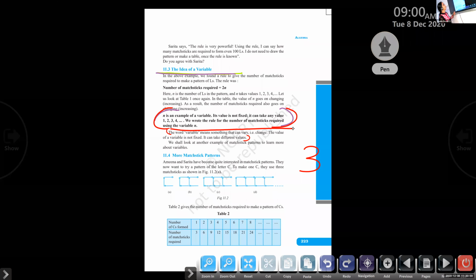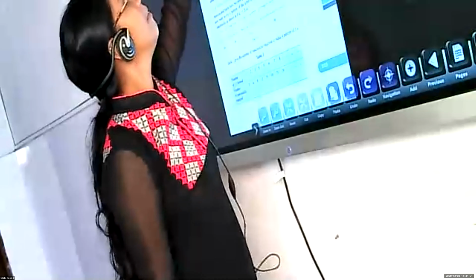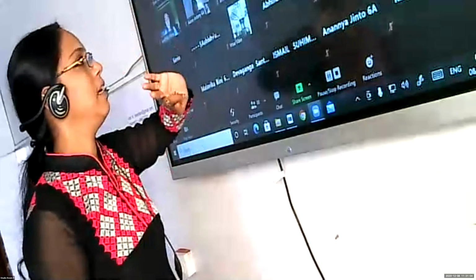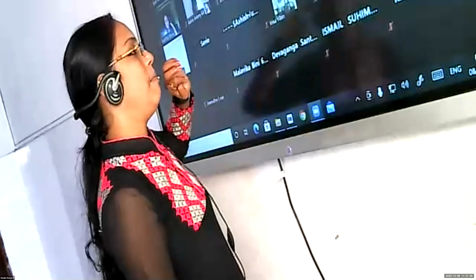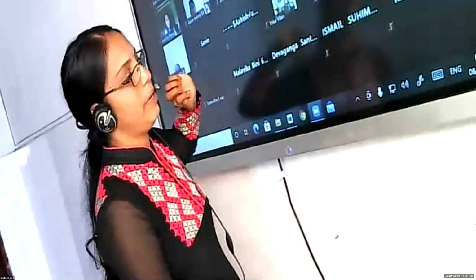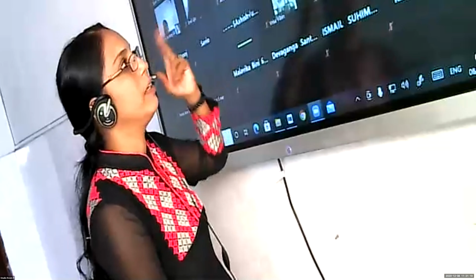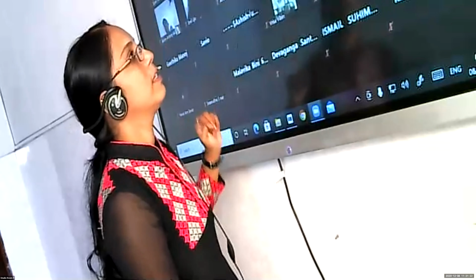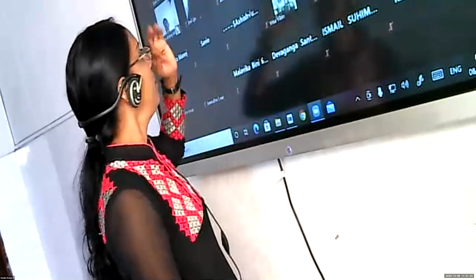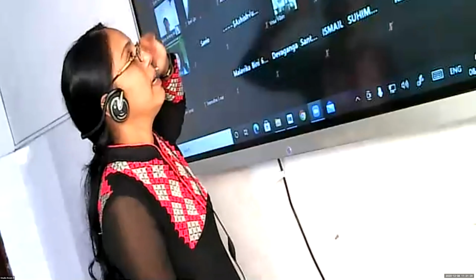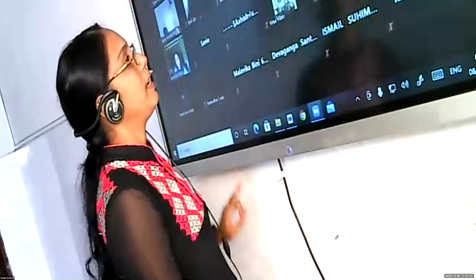Okay, children. So when I say a value 3, is it a variable or does it have a fixed value? It has a fixed value. Okay. So if I say the number 2, you will remember that you have 2 eyes, 2 ears, 2 legs, 2 hands. So 2 means a fixed value. You have one fixed number in your mind.